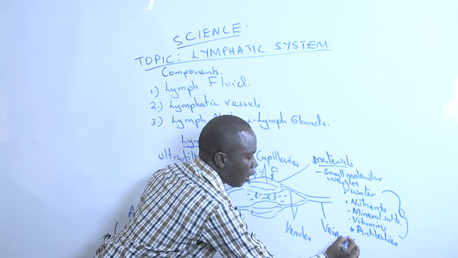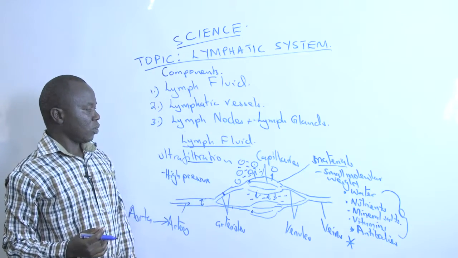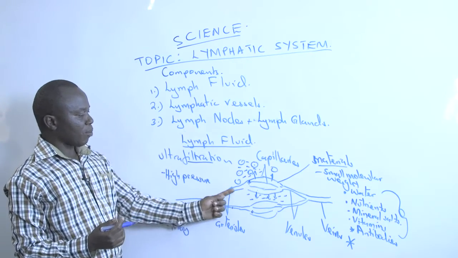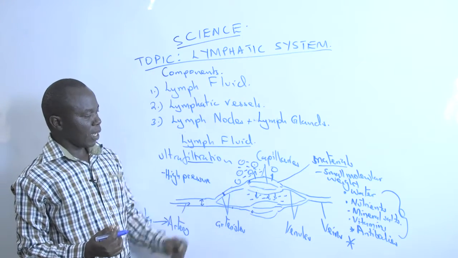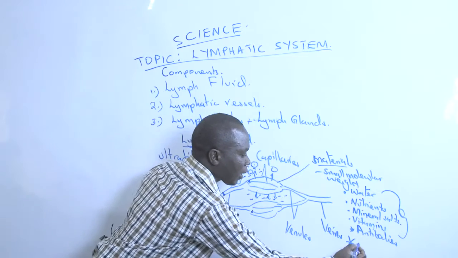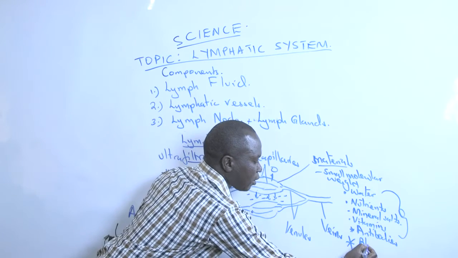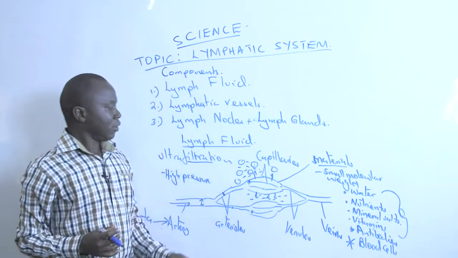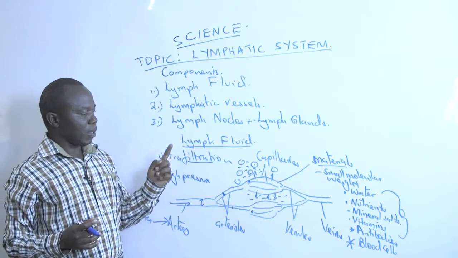But there is one major thing that we should know. Lymph fluid, we already know, emanates from blood plasma, but it lacks blood cells.